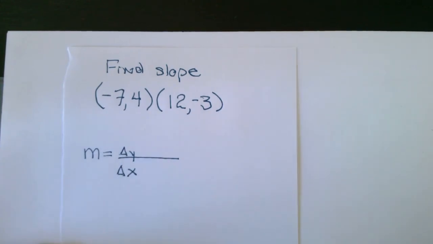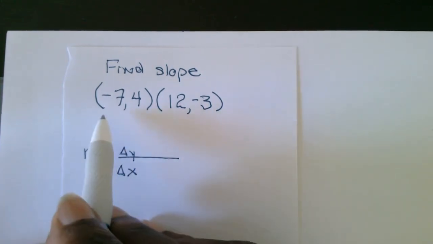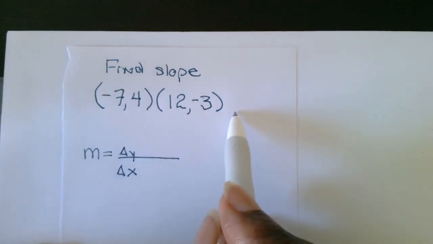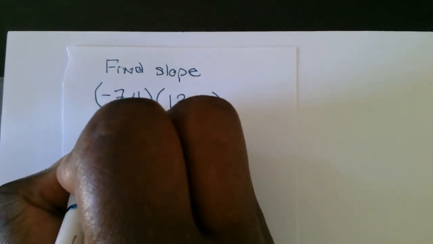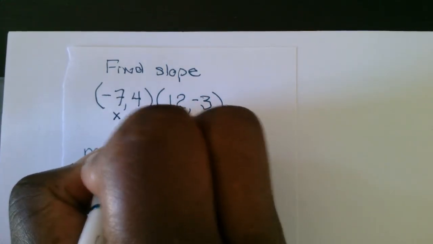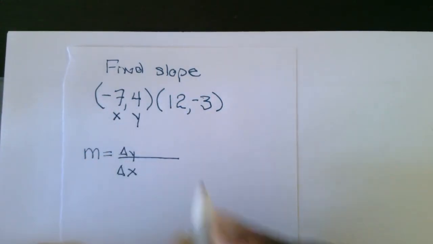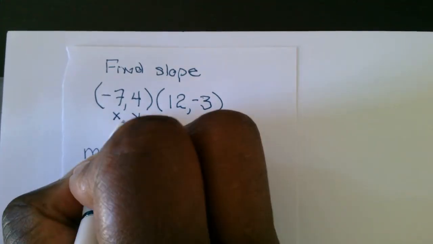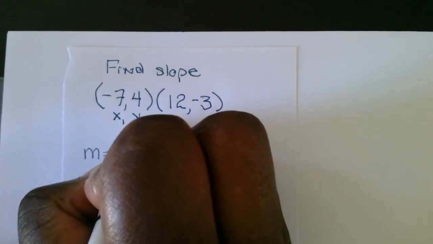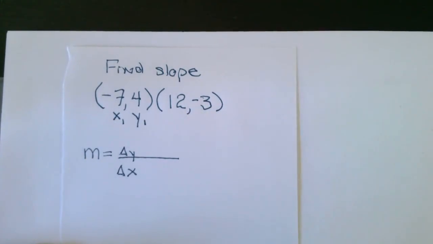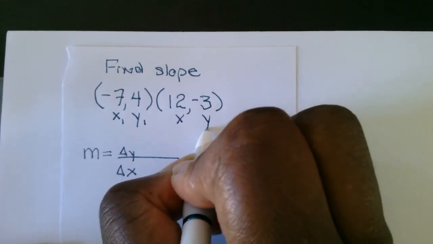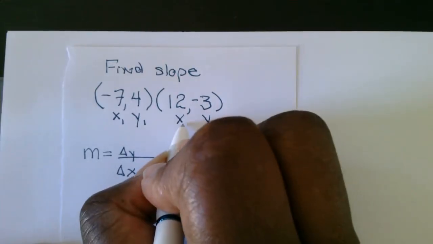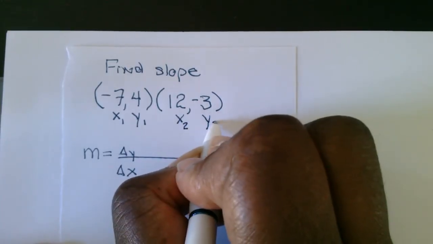Because I don't know where everybody's from, I read from left to right. So this is the first point that I see. Ordered pairs always come x, then y. Since this is the first point that I see, I give it the subscript of 1. Then I have my x and y, and since this is the second point that I see, I give it the subscript of 2.